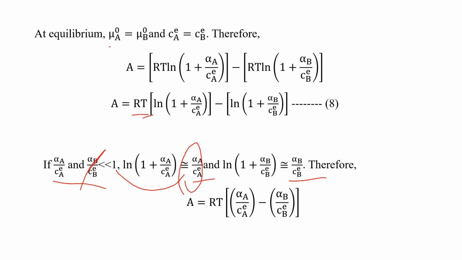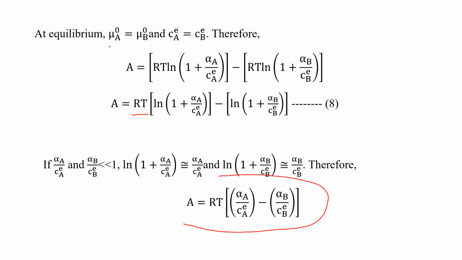If we substitute in this way, ln will be removed, 1 will be removed. Here also ln will be removed, 1 will be removed in equation 8. So a modified equation is obtained as below, which is encircled here.